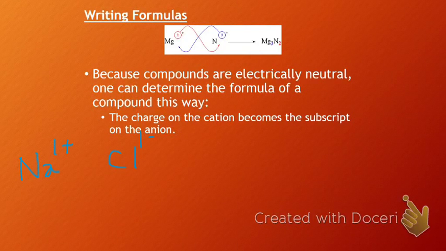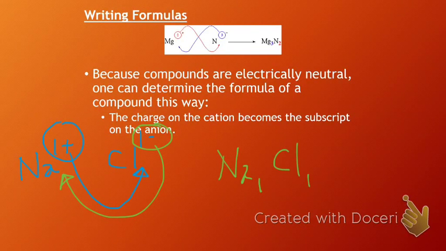And so what we do is you take the number of the cation, it becomes the number of the anion. Likewise, you take the number of the anion, and it becomes the subscript for the cation. And so it would be Na1, Cl1, and if there's only 1, we just drop it. And so that's where we get the idea of NaCl.